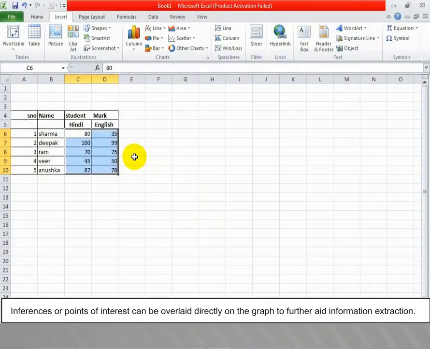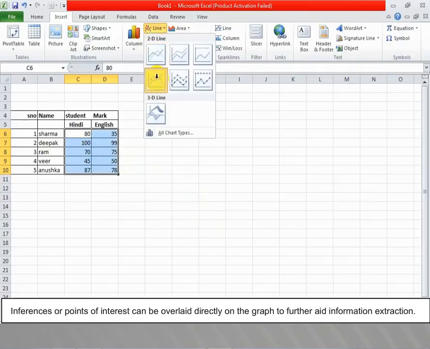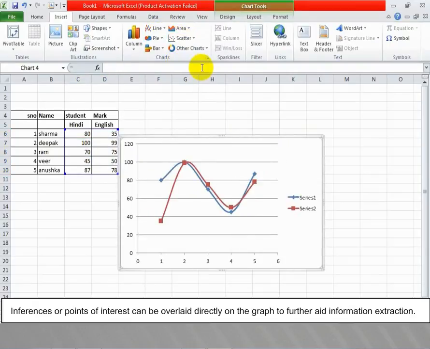Inferences or points of interest can be overlaid directly on the graph to further aid information extraction.